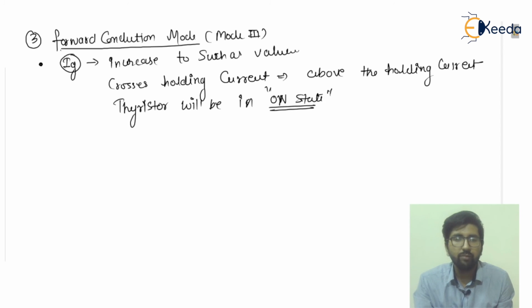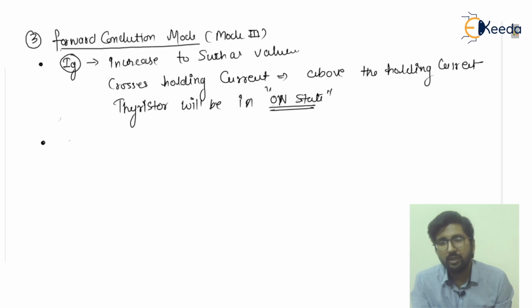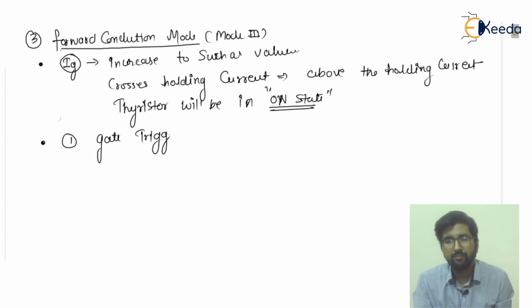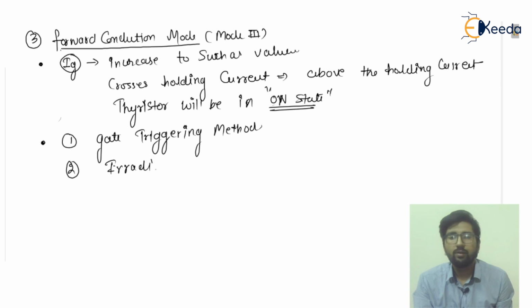We have to remember all these points. For making it go to the on state, we have some methods. The first is the gate triggering method. Second is irradiation of gate and cathode voltage.